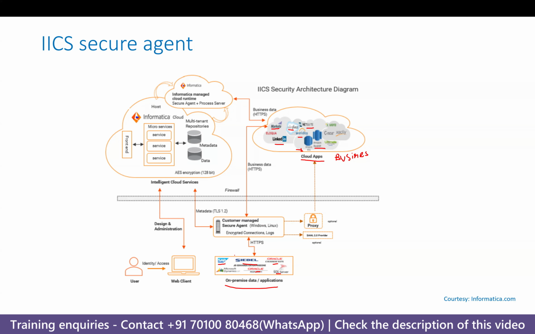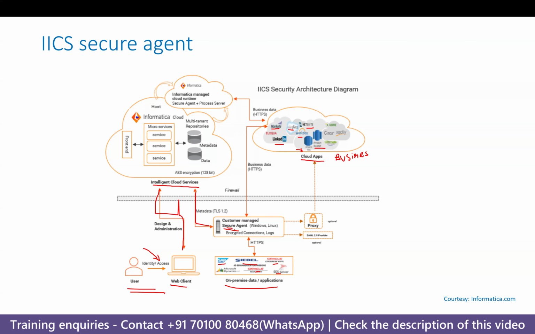Using Informatica IICS, as the ETL developer, I log in with my identity and access control, go to the web portal, and connect to my Informatica Intelligent Cloud Services. I do all the mappings there by connecting to the server. Once I have completed them, I start running it, and the metadata gets triggered here.